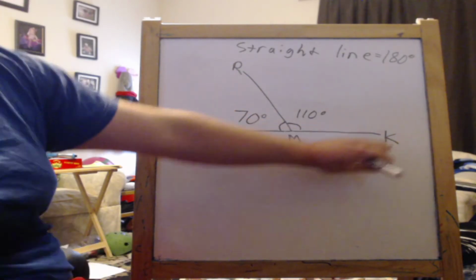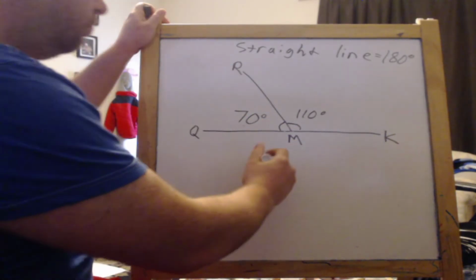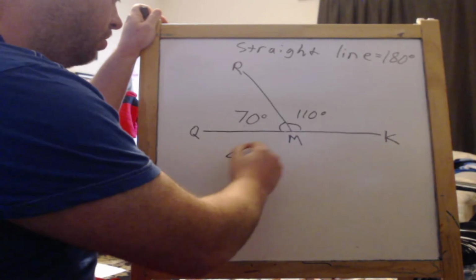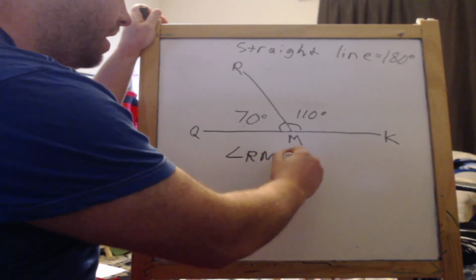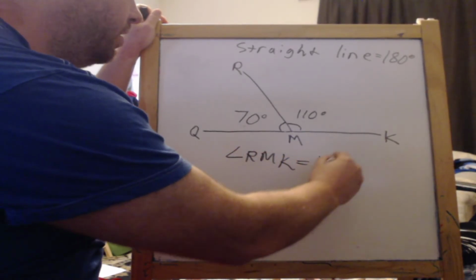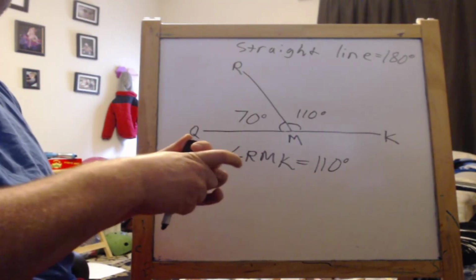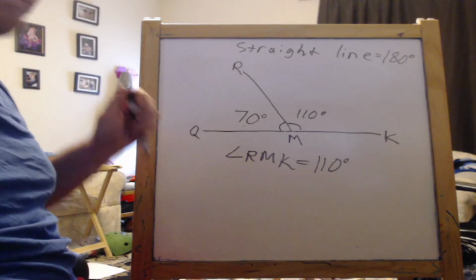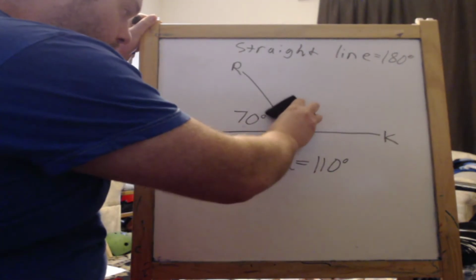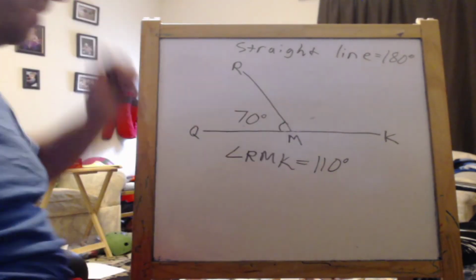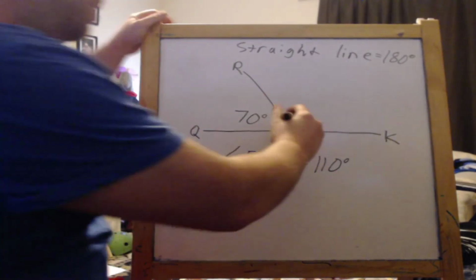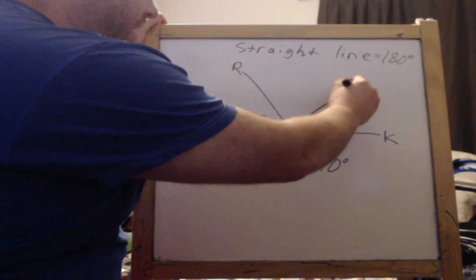Now, I know that RMK equals 110 degrees. But we are going to erase this, and we are going to make a different angle.